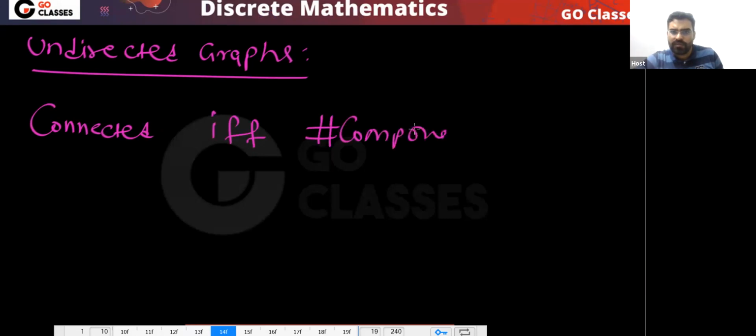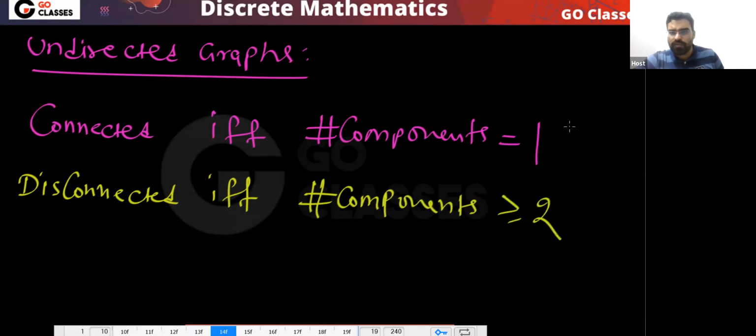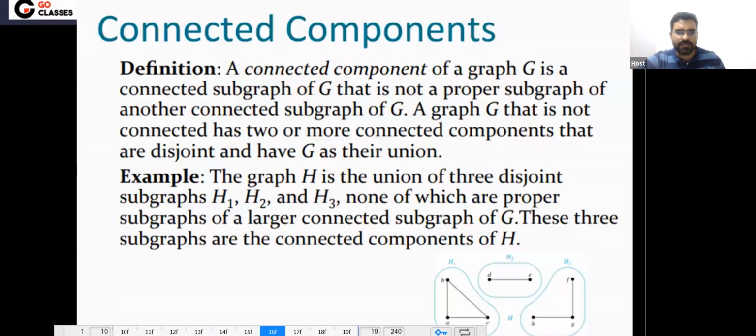Similarly, a graph is disconnected if and only if number of components is greater than or equal to 2. This is the definition, a very simple concept.